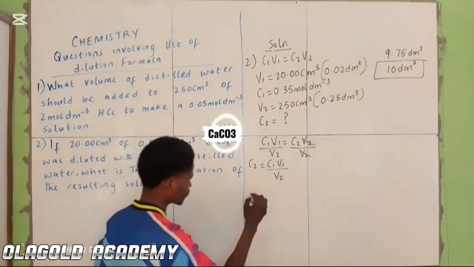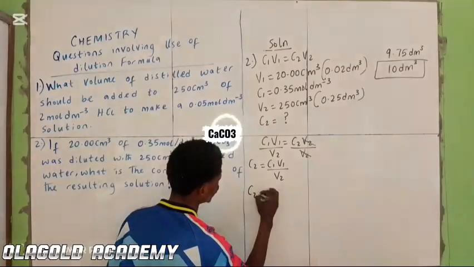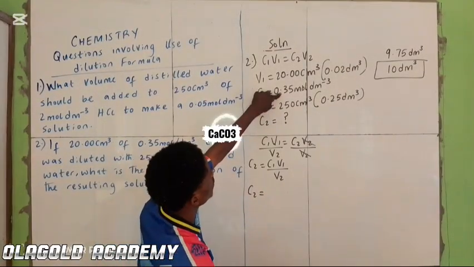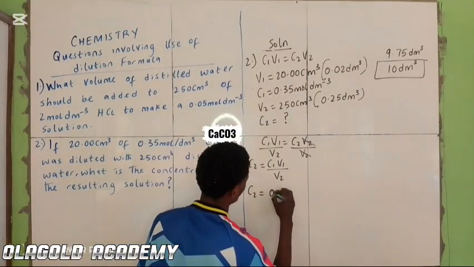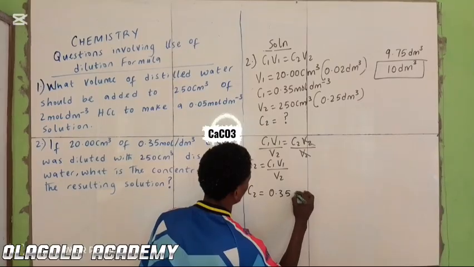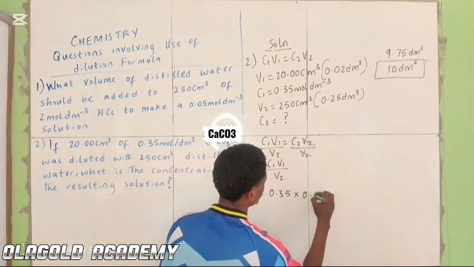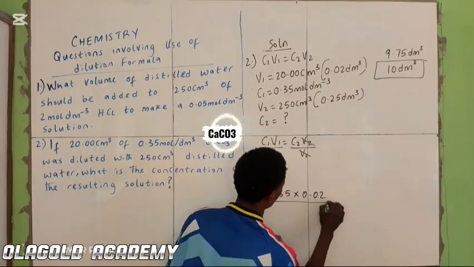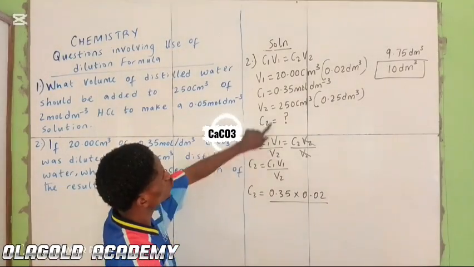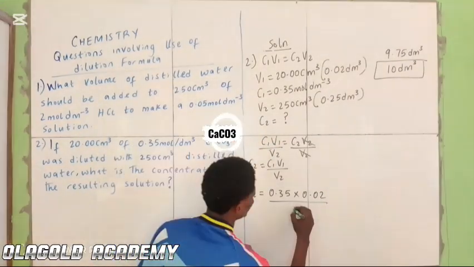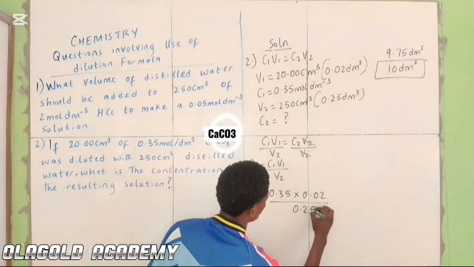We have this. All right, C2, our C1 is what there? 0.35. Our V1 is 0.02, so we have 0.02 over our V2, which is what there? 0.25.